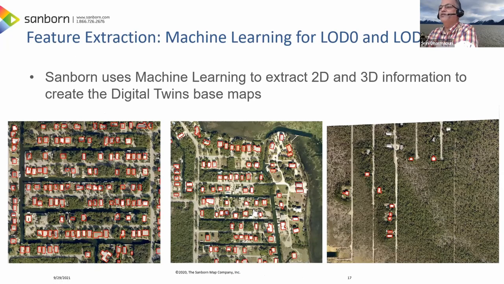One of the things that we are doing is, as the building is very critical, one of the ways people normally capture buildings is the manual method, but we have been using machine learning or deep learning based building creation. What you are seeing in this slide is primarily 3 images. In the left-hand side image the building density is high, in the middle image the building density is medium, and in the right-hand side image the building density is very sparse or very limited.